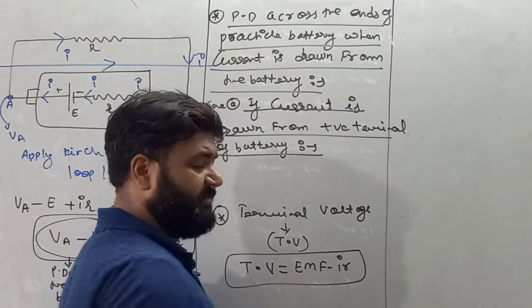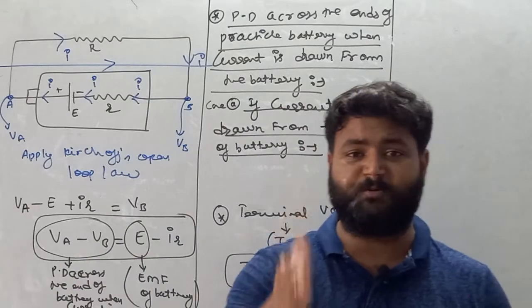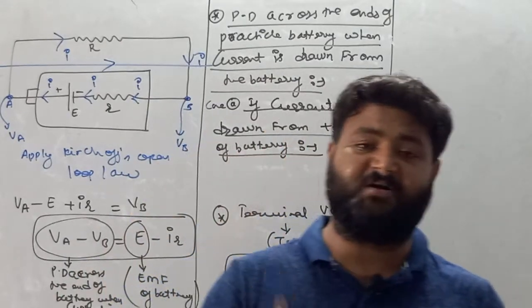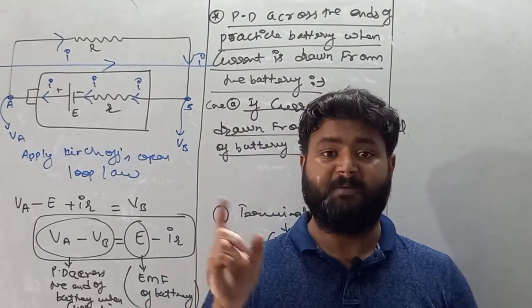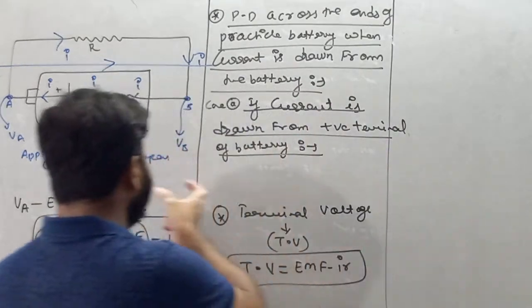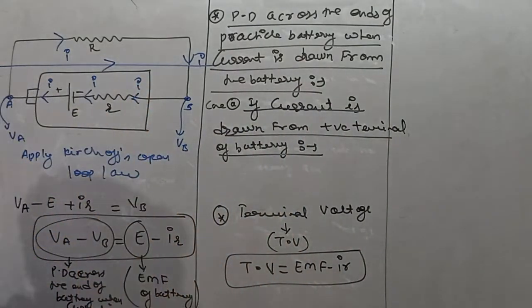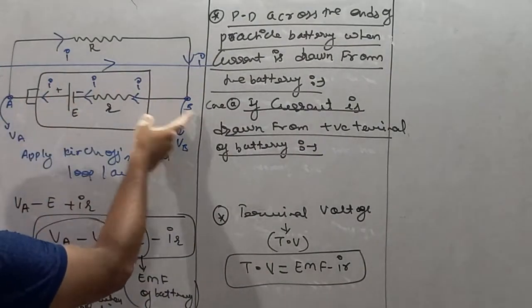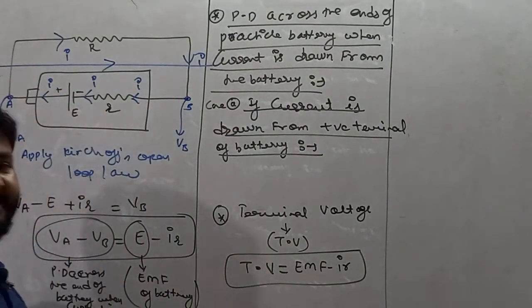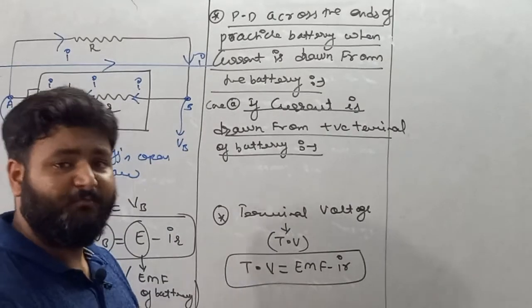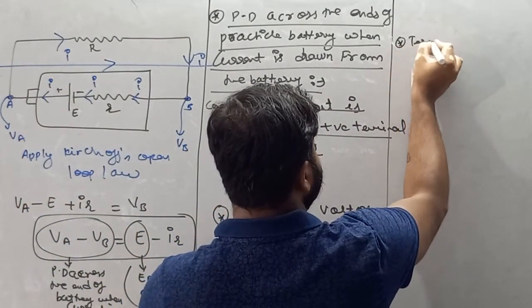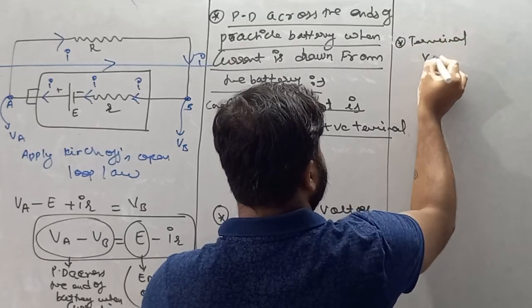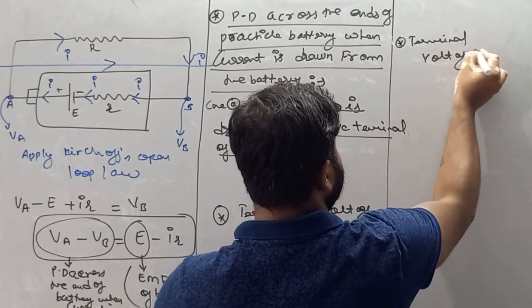Similar to EMF, if I am defining the EMF, it is the potential difference across the ends of a practical battery when no current is drawn from the battery. But if I am talking about current being drawn from the battery, in that situation the potential difference across the practical battery is called terminal voltage. So write down the definition of terminal voltage. What is the meaning of terminal voltage?